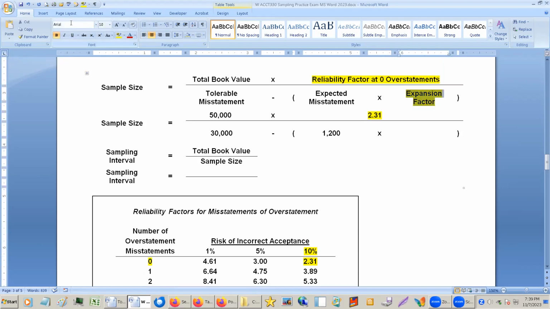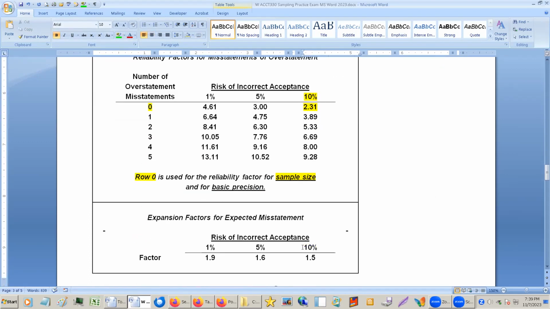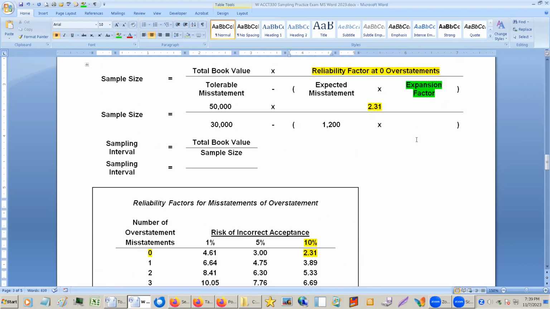Down here, the expansion factor, 10%. Luckily, there's only one row for these, so we don't even have to worry about which row to use. So this is 1.5.